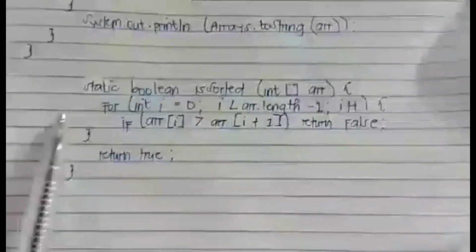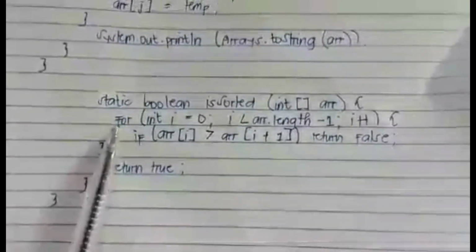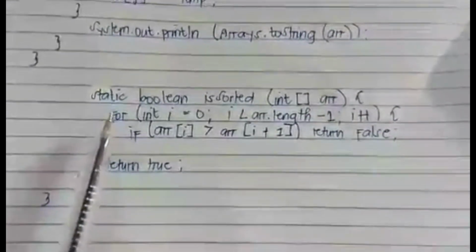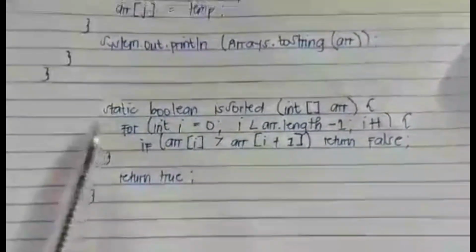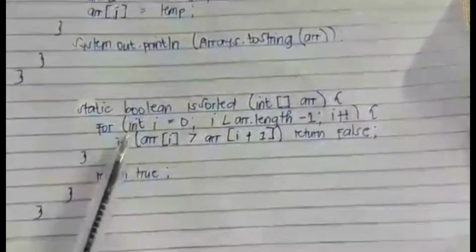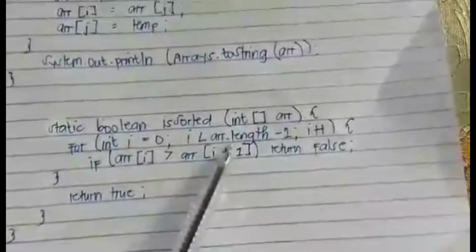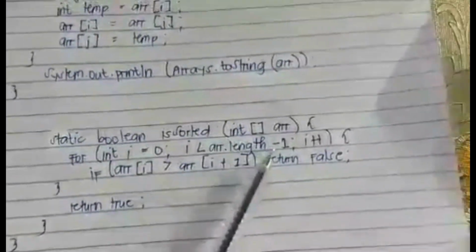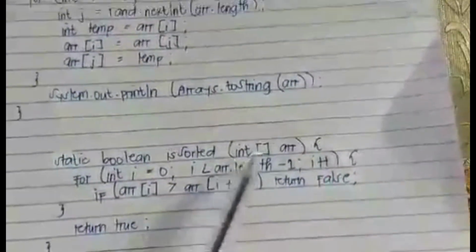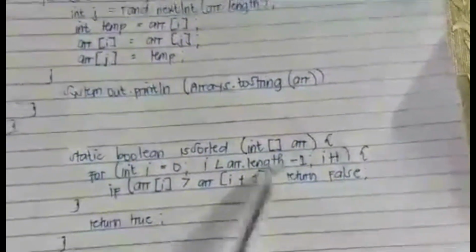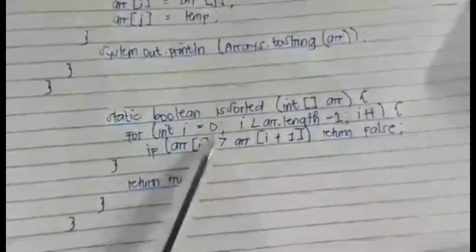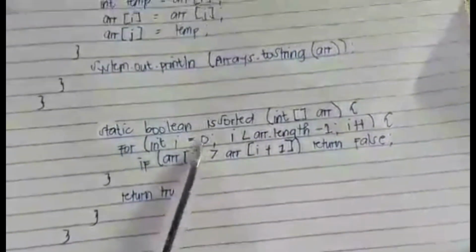So to start, we have our outer loop, which is a for loop, int i equals 0, i is less than array.length minus 1. So atong i may given value nga 0, so mag-start sa 0.